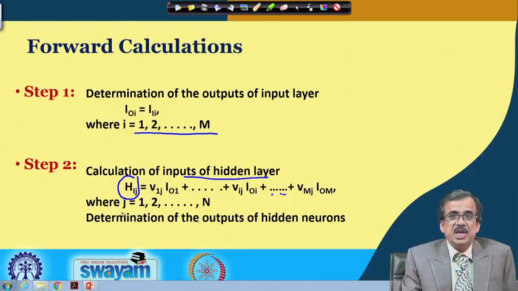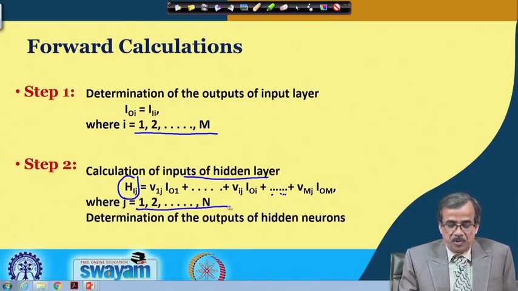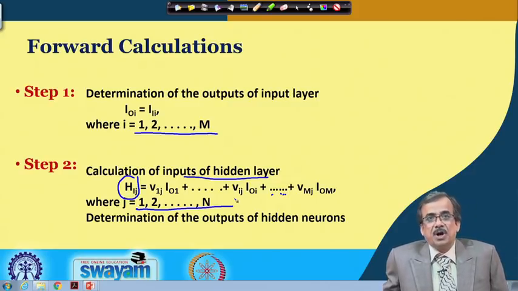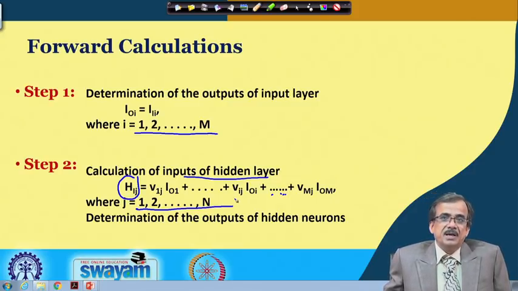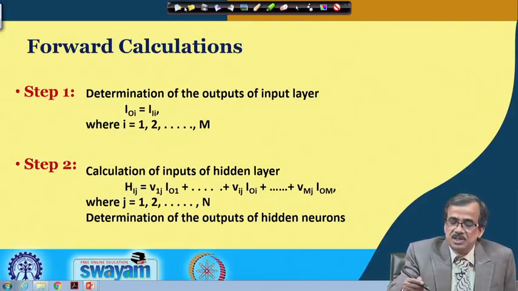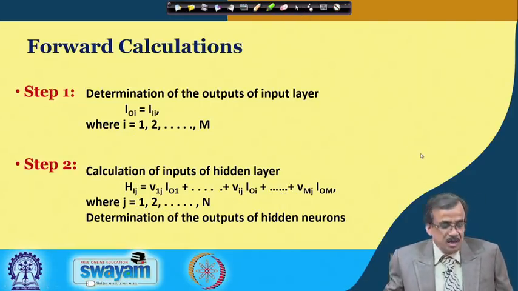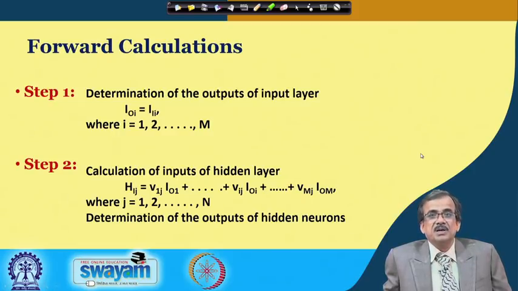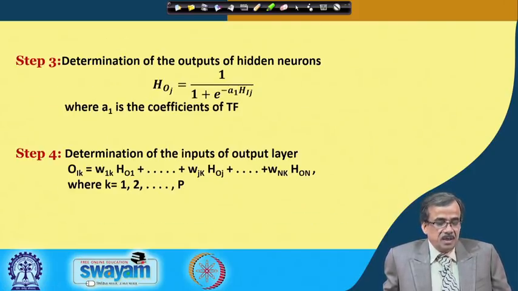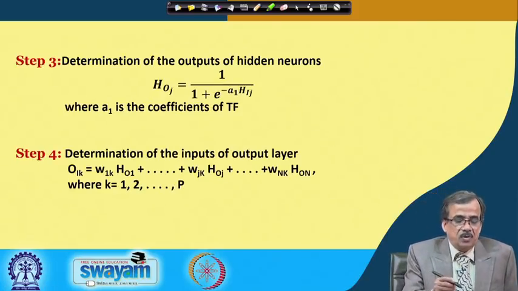Here j varies from 1 up to n, and once you have got the input of the hidden layer, it will be passed through the transfer function to find out the output of this hidden neuron.